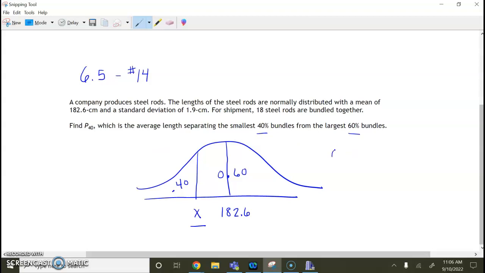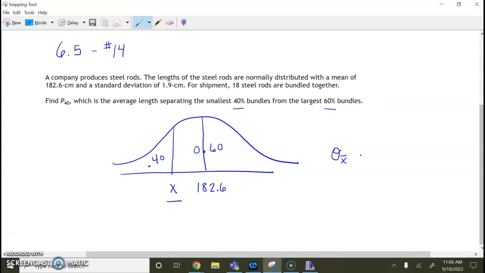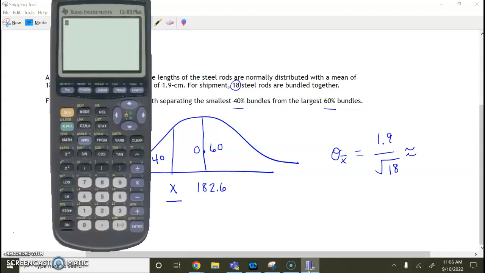We want the standard deviation for the sampling means, which will be 1.9 divided by the square root of n. Our n here is a group of 18. So we'll solve for that first: 1.9 divided by the square root of 18. Should be a little over 4, right?